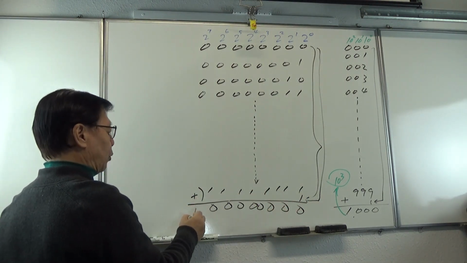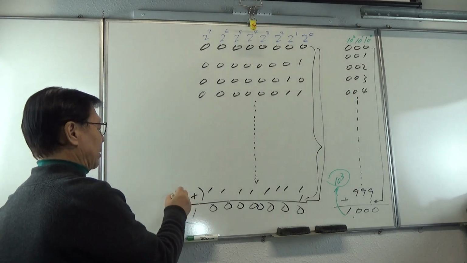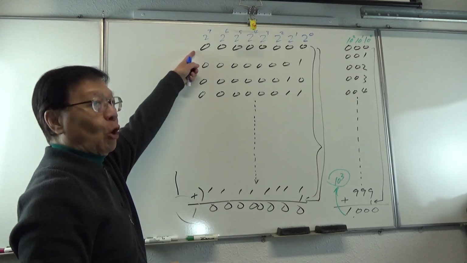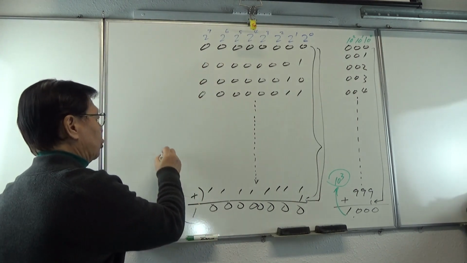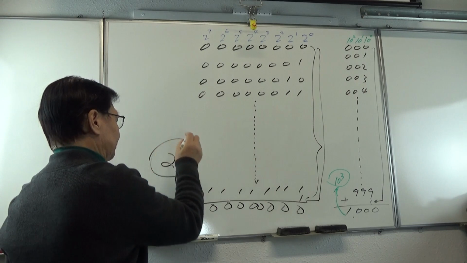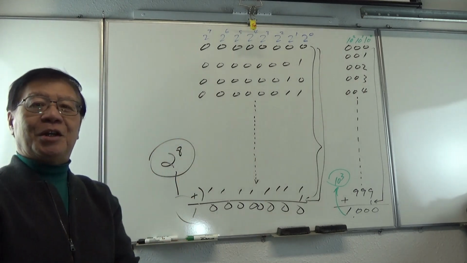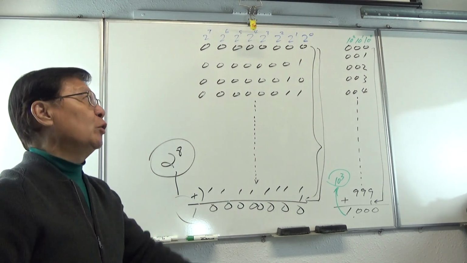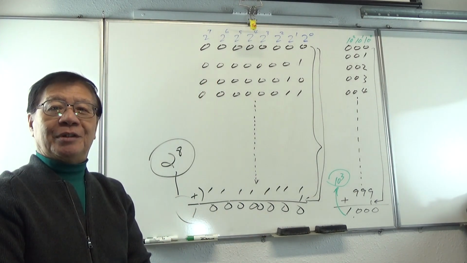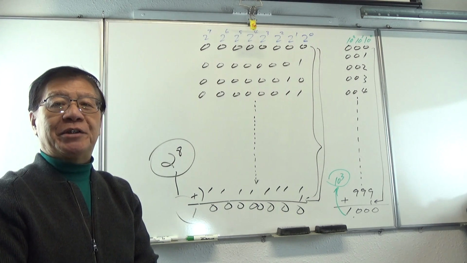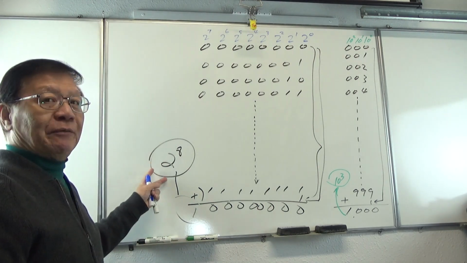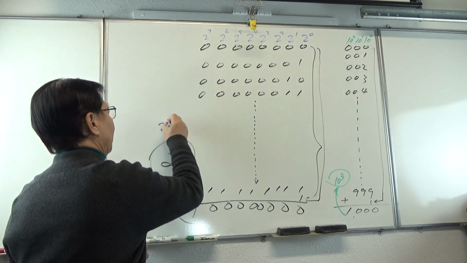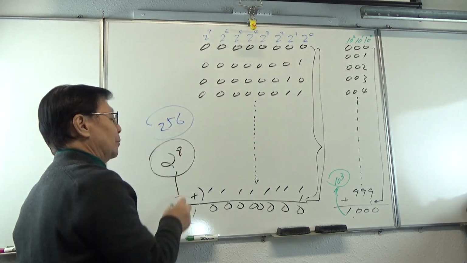Eight zeros and then move to 1 here. That means what? 9 digits, that means beyond 2 to the 7. I got 2 to the 8. 2 to the 8 is important because the first generation of the PC used 8 bits of binary system, because we have 2 to the 8. 2 to the 8 means 256, right?